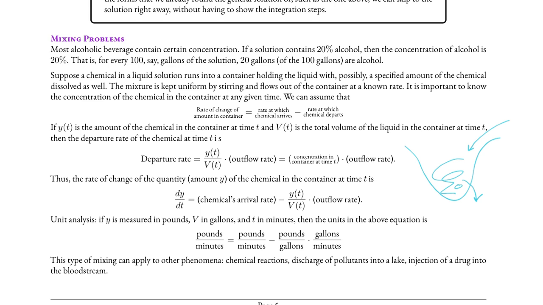The rate at which the chemical arrives is pounds per minute. The rate of outflow is also pounds per minute, but y is the amount of the chemical, the unit is pounds, v is the volume, which is gallons, and the outflow rate is gallons per minute.